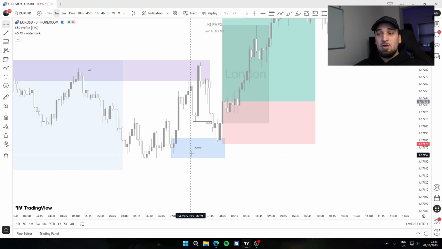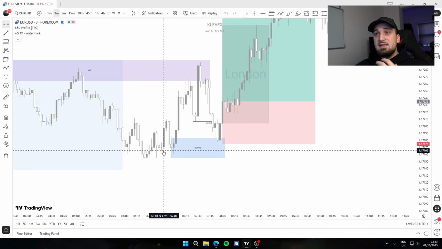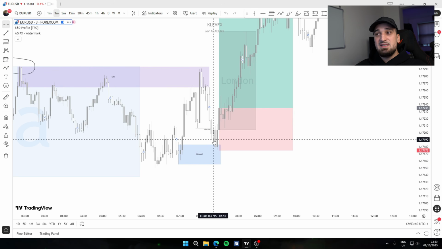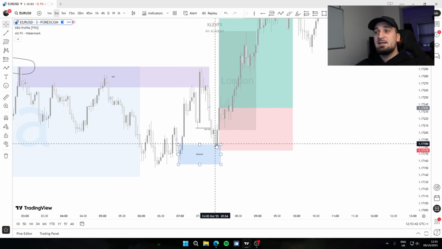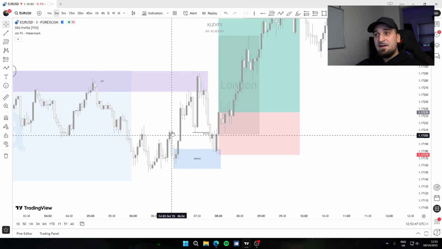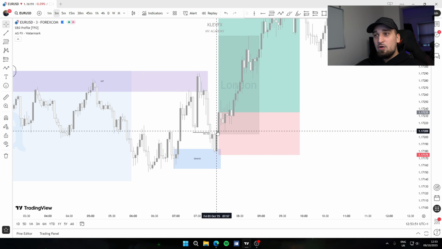So we had the minor inducement, but now I can see that this demand zone is actually being tapped into at the same time. This could be an extra confluence that can give you more certainty that the trade is actually going to play out.